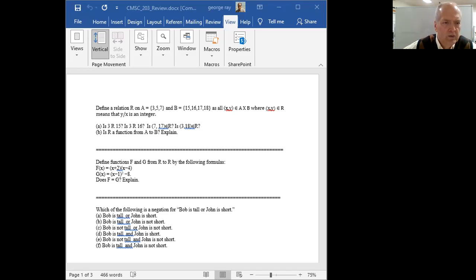And that relation is the set of all ordered pairs x and y that are elements of the cross product of A and B, where x and y are elements of the real numbers, and the relation is that y divided by x is an integer. So spend 5 minutes or so and come up with your answers to A and B.